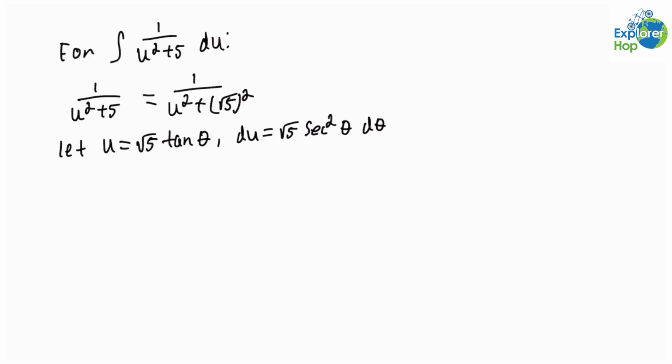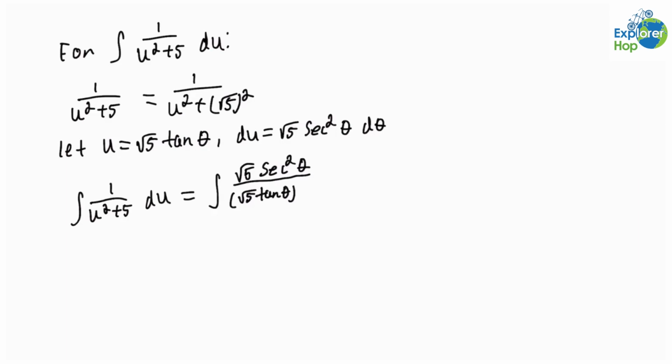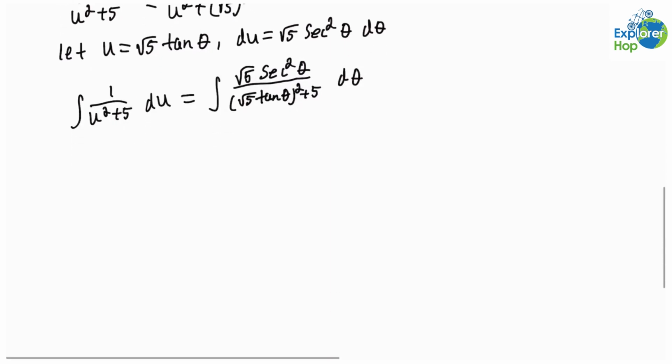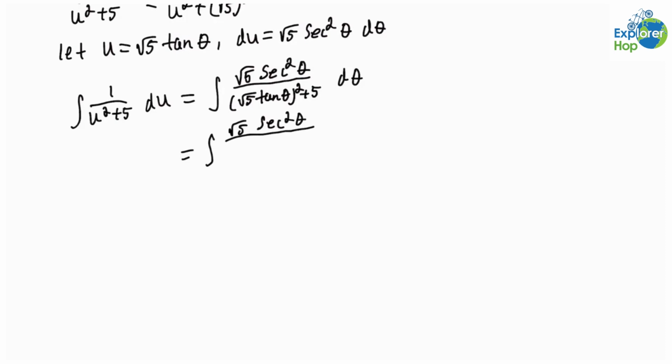And we get that the integral of 1 over u squared plus 5 du is equal to the integral of root 5 times secant squared theta over root 5 times tan of theta squared plus 5 d theta, which gives us the integral of root 5 times secant squared theta over 5 times tan squared theta plus 5 d theta.